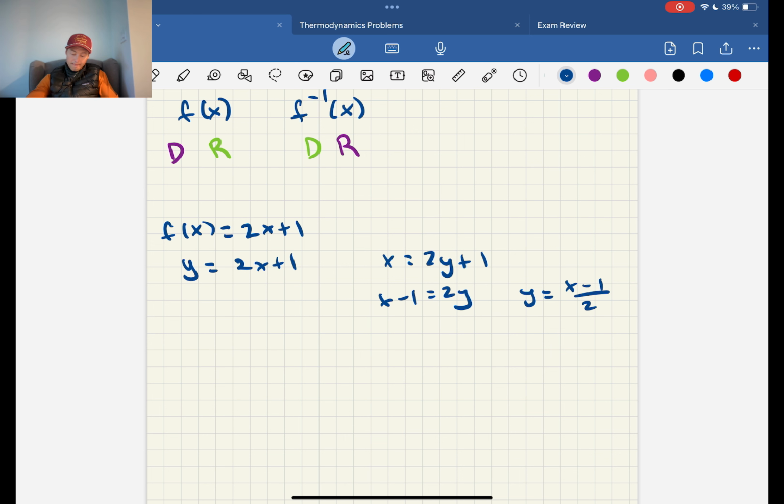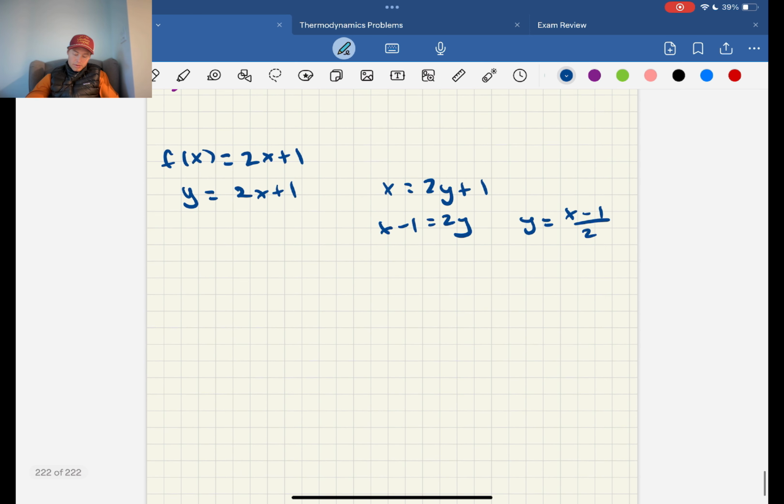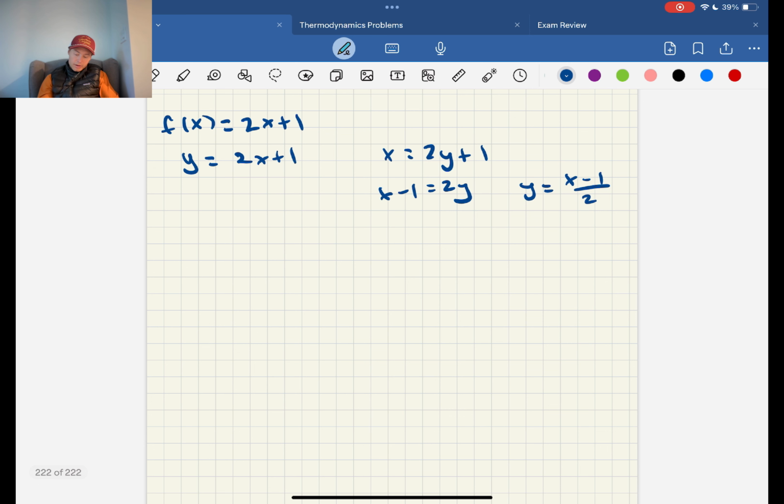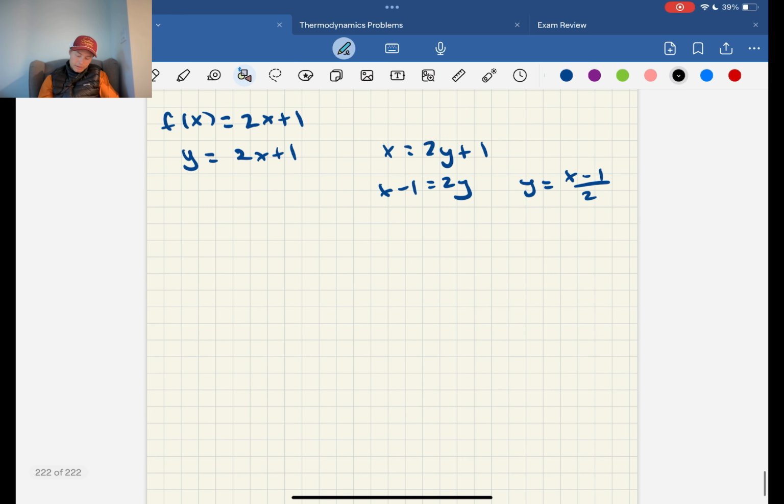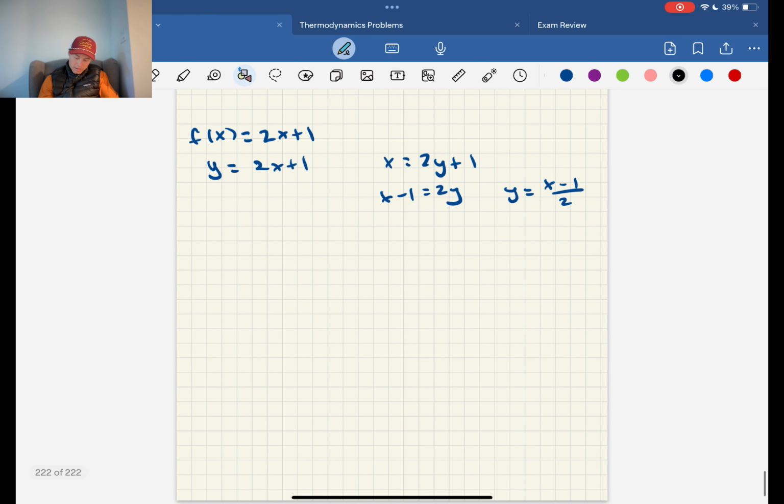Okay, great. Now, something important to note about a function and its inverse is that if you were to graph a function and its inverse, like these two functions that we just worked with. So I'm going to start by graphing 2x plus 1. Okay, so 0 comma 1 is the y-intercept, up 2 over 1, down 2, back 1.